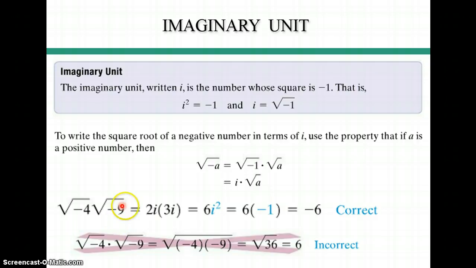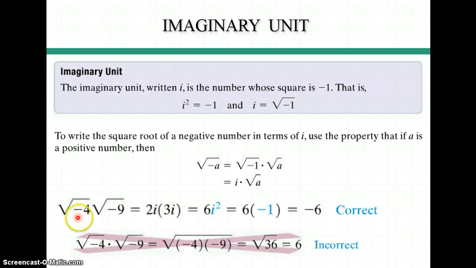For square root of minus 9, it can be written as square root of minus 1 times square root of 9. Square root of minus 1 is i, and square root of 9 is 3. So square root of minus 9 equals 3i.